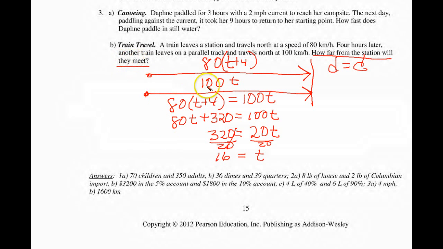Well, what is distance? Well, distance is rate times time. And we know now that time is 16. So 100 times 16 gives you 1,600 kilometers. And that's the answer, and that's the formula.